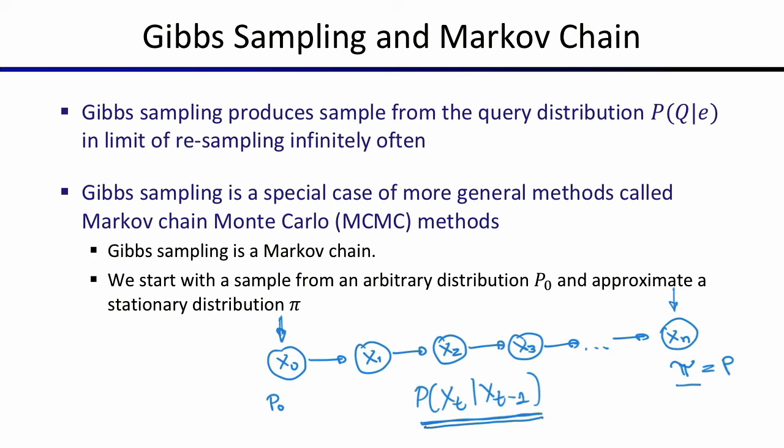And if we iterate long enough, our initial assignment will start to converge to this stationary distribution. So one important point here is to find out when we have reached the stationary distribution. When we have reached it, we can start to sample from this distribution and use those samples to answer queries that we are interested in.